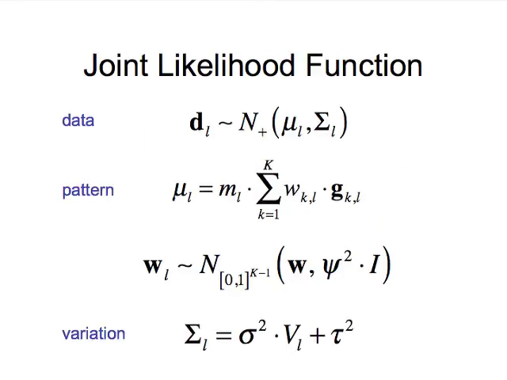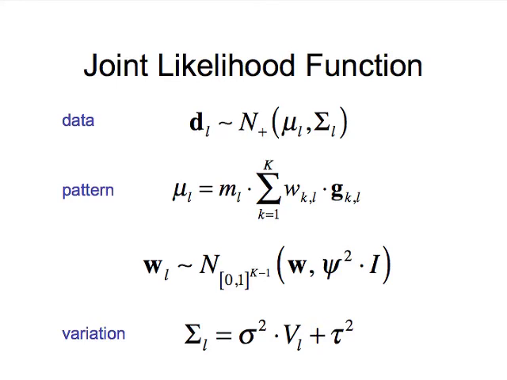Next slide. TrueAllele's likelihood function is joint over all the data and parameters. In the first line, we see that the data, D, at any locus, are described as a multivariate normal distribution, just a bunch of bell curves, at a mean pattern value and a variance that describes the peak uncertainty. The mean value mu is described in the next line.